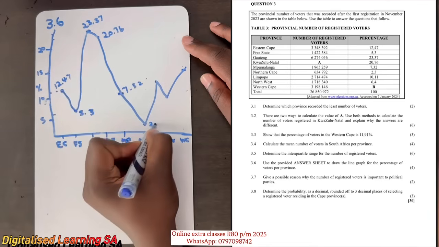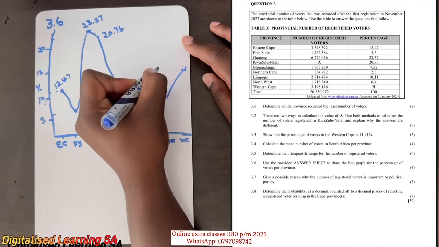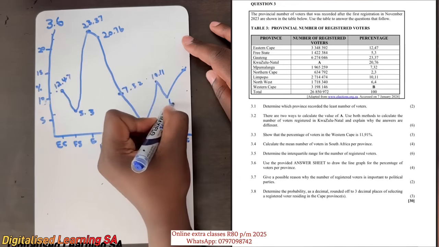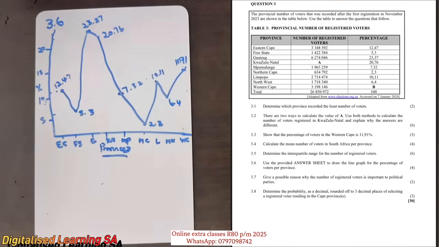Then we can have 2.3, 10.11, 6.4, and 11.91. So now we are done with question 3.6.